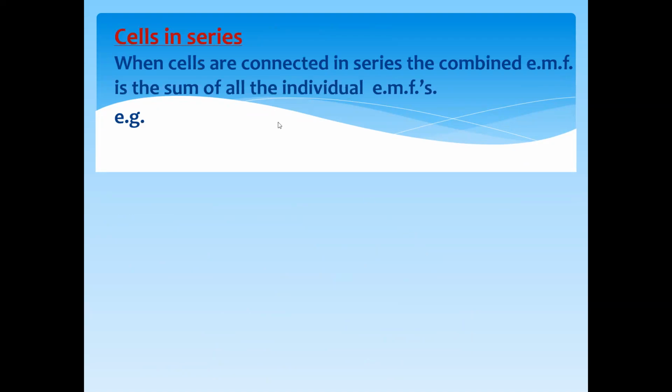So for example, if we connect cells in series, 1.5, 1.5 and 1.5, what will be the total combined EMF of this battery? Because a group of cells is known as a battery, a combination of the cells. What will be the combined EMF of this combination? 3 1.5 volt cells are connected in series, positive, negative, positive, negative, positive, negative.